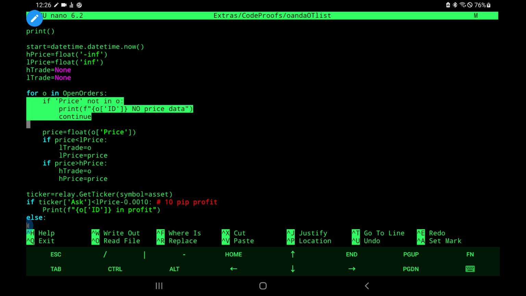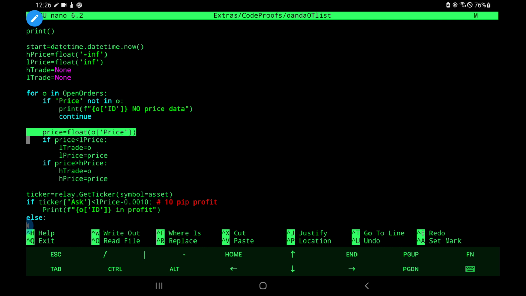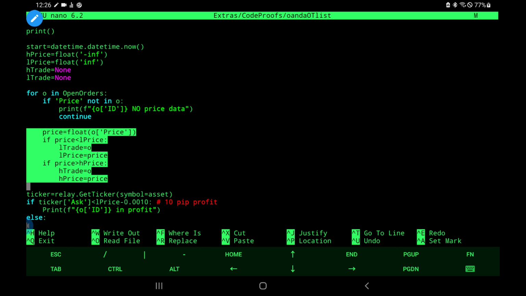We're still identifying any order that does not have price data connected to it. But instead of processing the ticker each and every time, we focus on analyzing the highest and lowest prices. That is, we specifically look at the highest price in the list and the lowest price in the list.